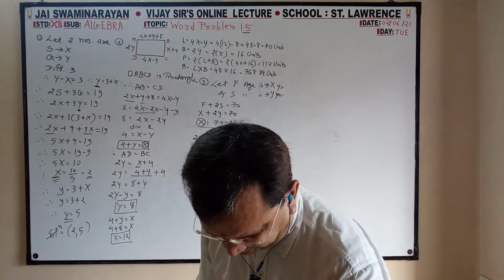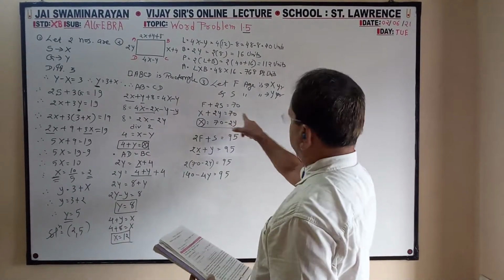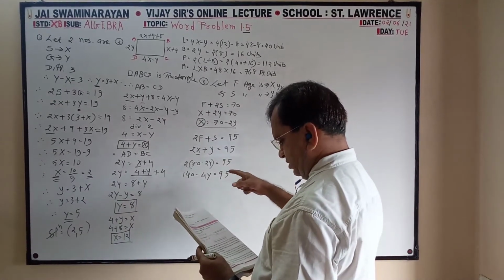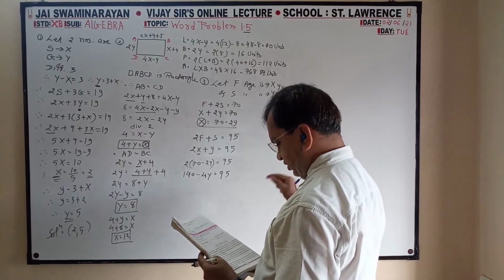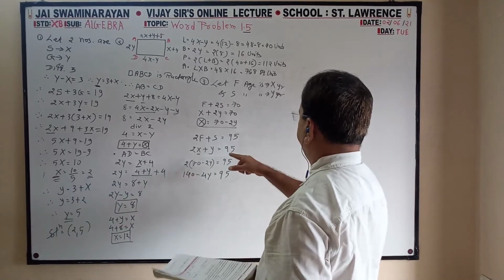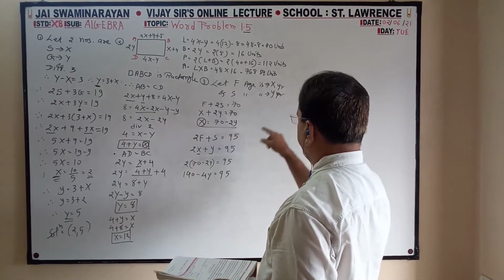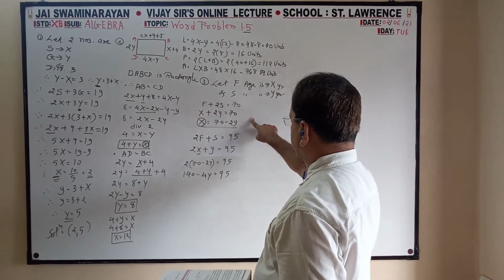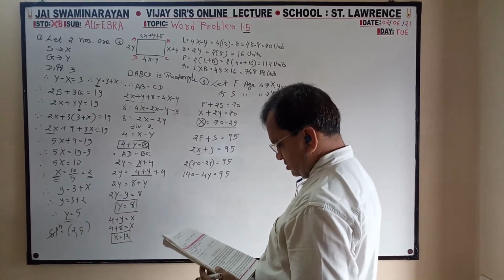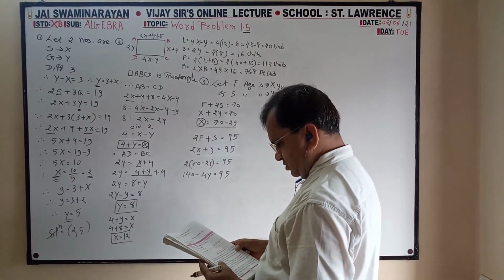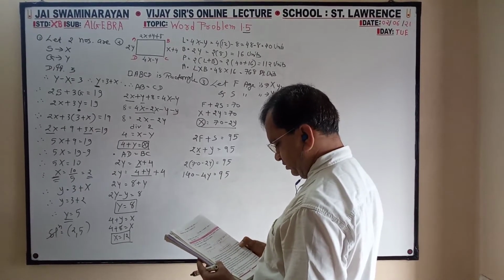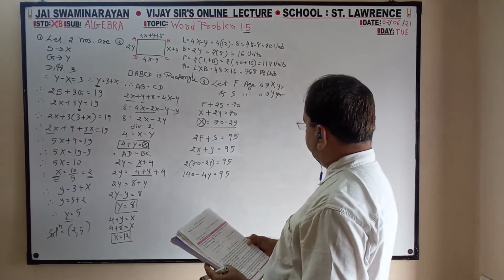The sum of the father's age and twice the son's age is 70, correct? If we double the age of the father and add it to the son, the sum is 95. It is coming odd number.